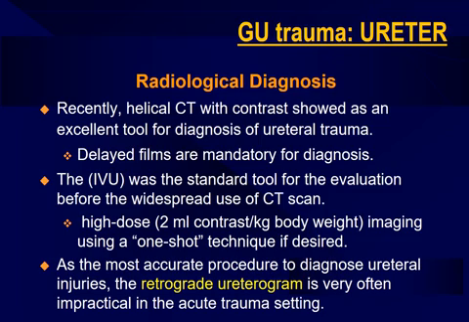The most accurate procedure for diagnosis of ureteral injury is retrograde ureterography using endoscopy, inserting a ureteric catheter by the endoscope in the lower part of the ureter and having a ureterogram by injecting contrast to delineate the ureter. This was the most delicate diagnostic test, but in acute cases, it's not, of course, practical.